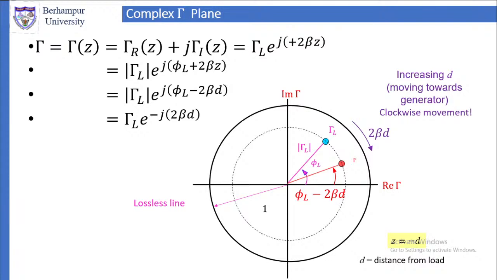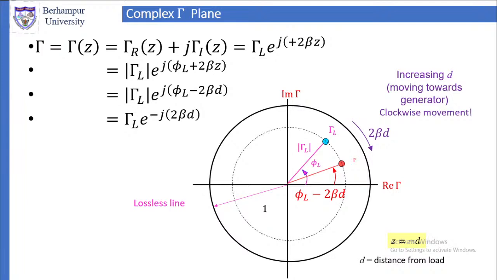Now once we know the gamma L point, we have to find the gamma Z point, or gamma. The relationship between the gamma Z point and the gamma L point you can see in the third line: gamma L exponential j phi L into exponential minus j 2 beta d.